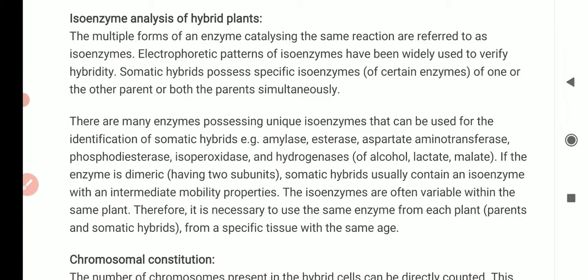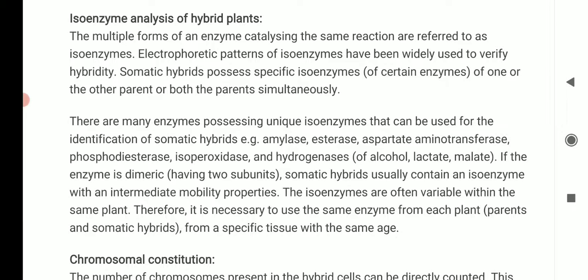So you can use the isoenzyme analysis method. Isoenzymes, these are enzymes. It is an enzyme which can catalyze the same reaction as another enzyme.